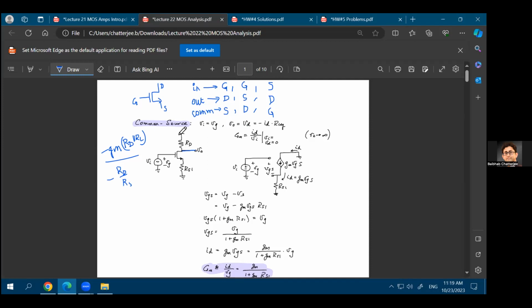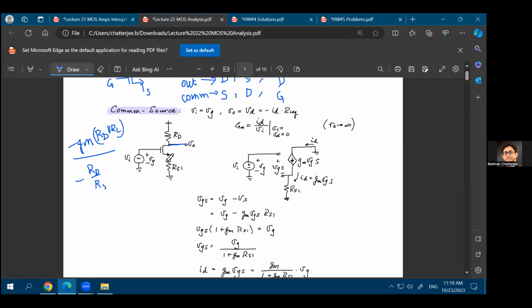Okay, so now for common source, again, we are looking at a more advanced version of common source where you have the source degeneration resistance. So what you do here is you draw the linear equivalent model, or the AC small signal model, of the MOSFET. You are applying an input voltage at your gate, so your VG is equal to your V input. You develop a VGS across the gate terminal and the source terminal of the MOSFET.